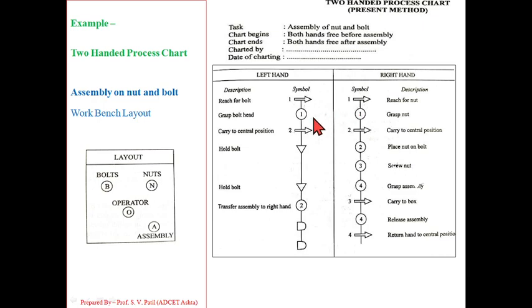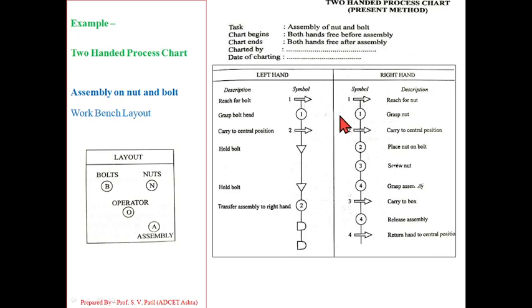Then the left hand will try to grip that bolt and the right hand will try to grip that nut. That gripping is nothing but an operation, so I use the hollow circle as a symbol. We are using this for the first time, so we number it as 1.